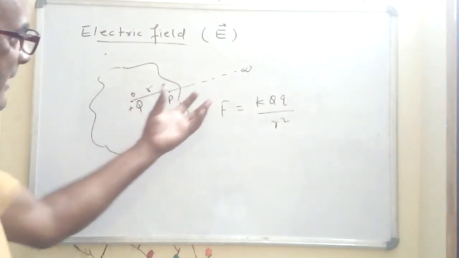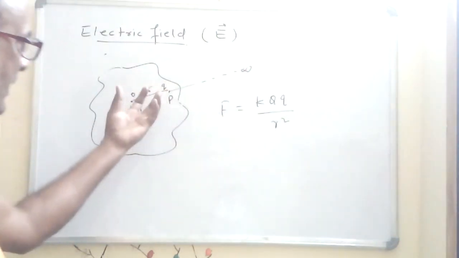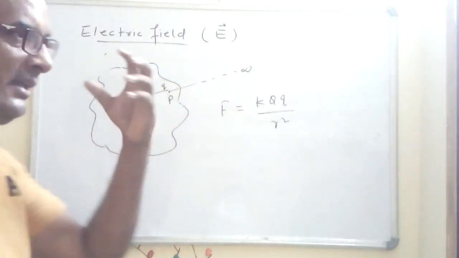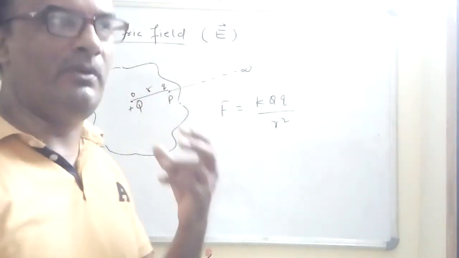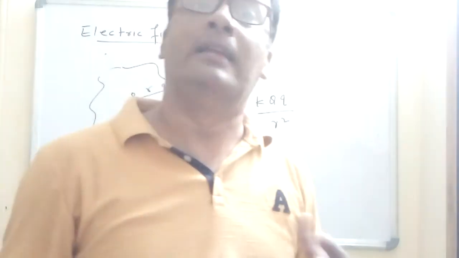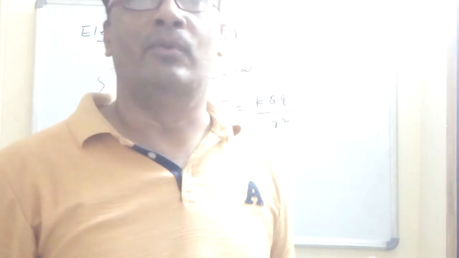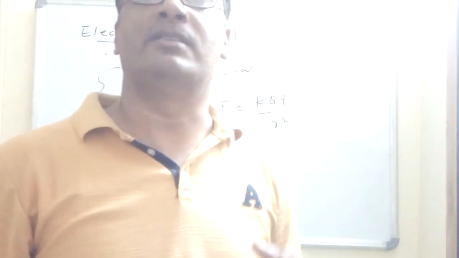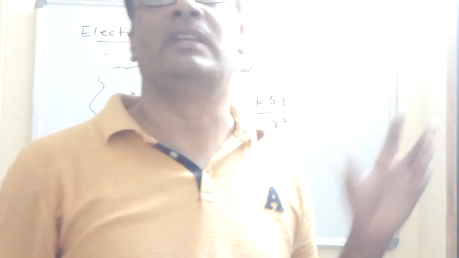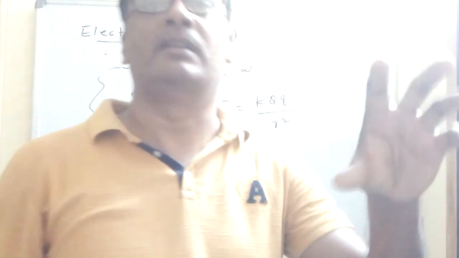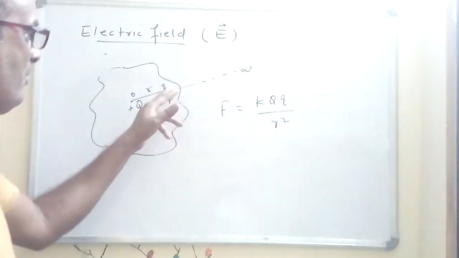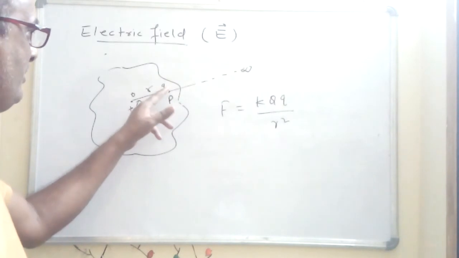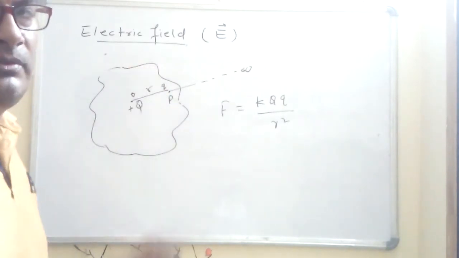Now what happens when this q charge is coming from infinity, near to it? You know that a moving charge will produce electric as well as magnetic field, both, right? But a static charge always produces an electric field around it. This is the physical significance of the electric field. When it comes near, it will produce electromagnetic waves, and due to these waves it will experience a force.